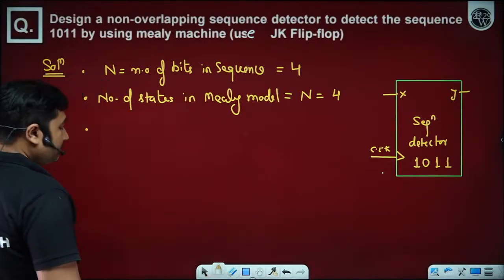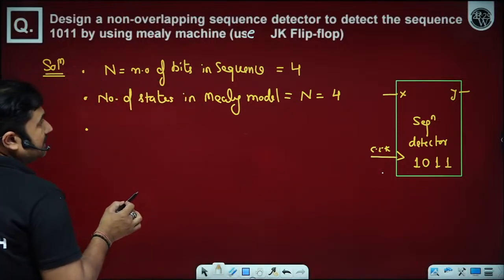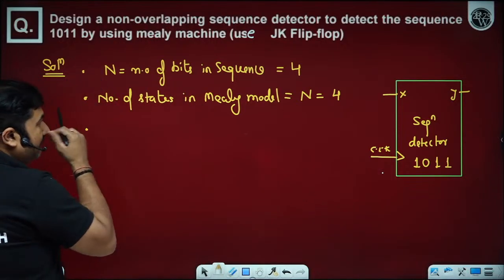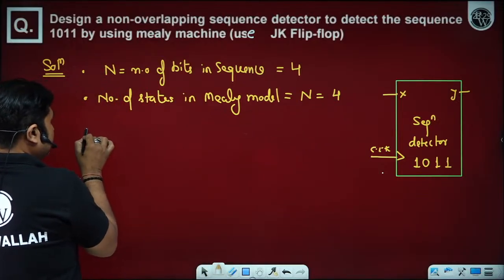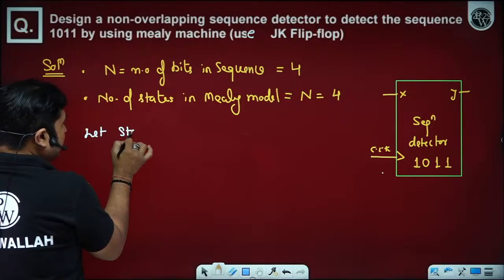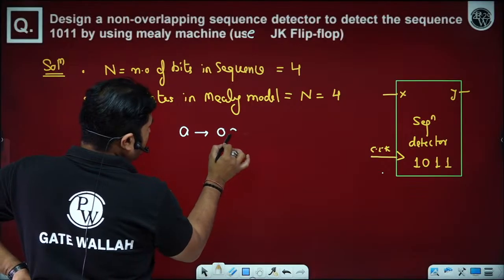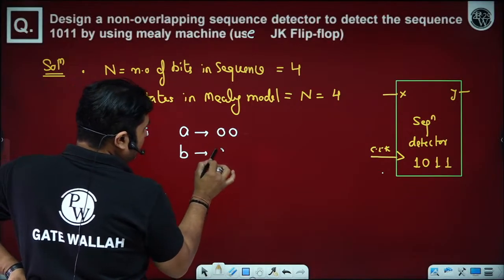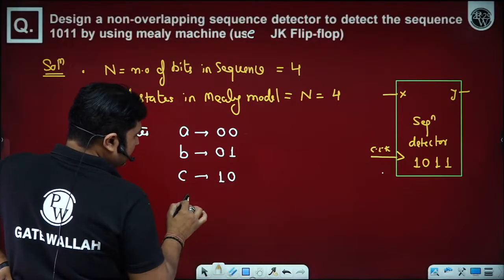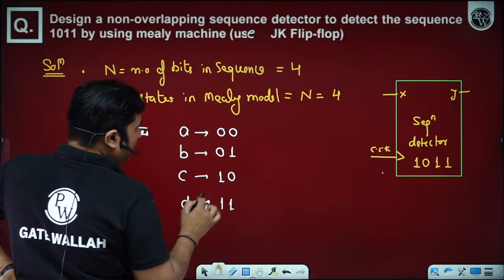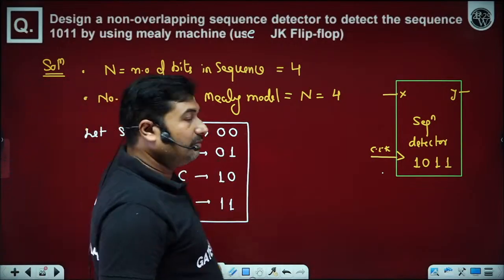Please observe here. For that, first of all, we have to use a state assignment. The total number of states required will be 4. Let state A be 0, 0, the reset state, state B 0, 1, state C 1, 0, and state D 1, 1. So I am assigning the different states in a Mealy model.